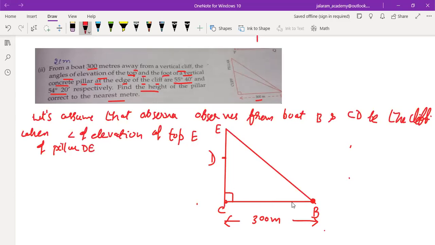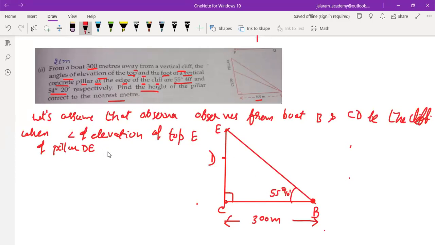From a boat 300 meters away from a vertical cliff, the angle of elevation of the top and foot of a vertical concrete pillar. So E is the top of the pillar D, and its angle of elevation is observed to be 55 degree 40 minutes.